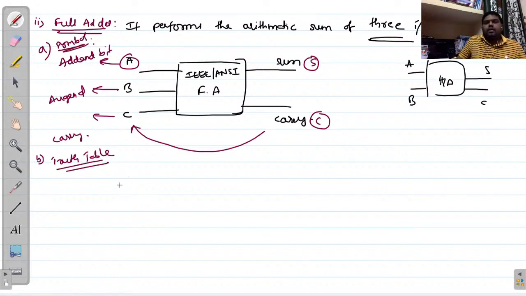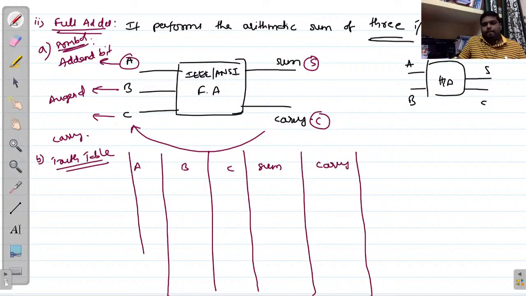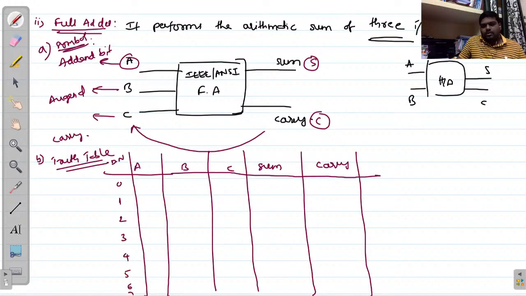Here we have 3 inputs, right? The outcomes are sum and carry, and this is our decimal numbers. Here I am taking 0, 1, 2, 3, 4, 5, 6, 7.